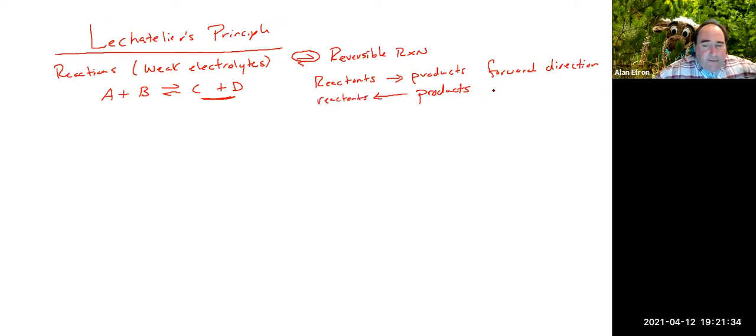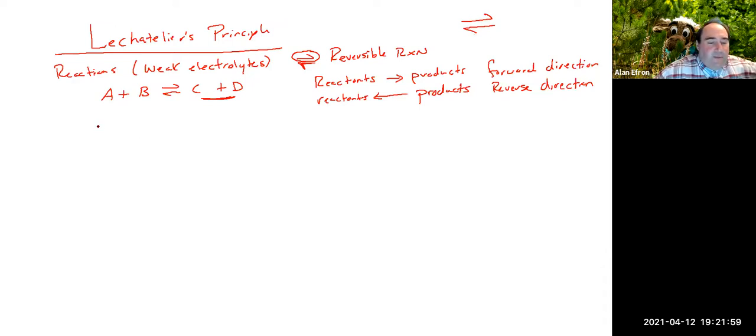That is referred to as the reverse direction, which is what the bottom arrow represents. So that's why we have these two arrows, one representing the forward direction, heading towards the products. Once we achieve enough products, the reverse reaction can happen.